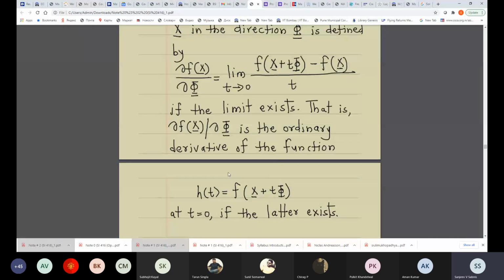Then the ordinary derivative of this with respect to t evaluated at t equal to 0, provided the ordinary derivative, the limit, exists, is the same thing as this.